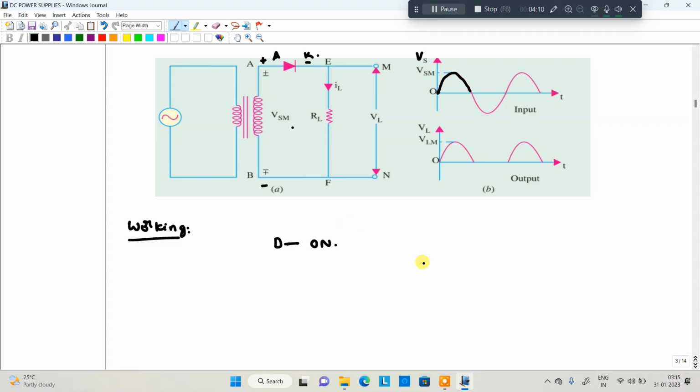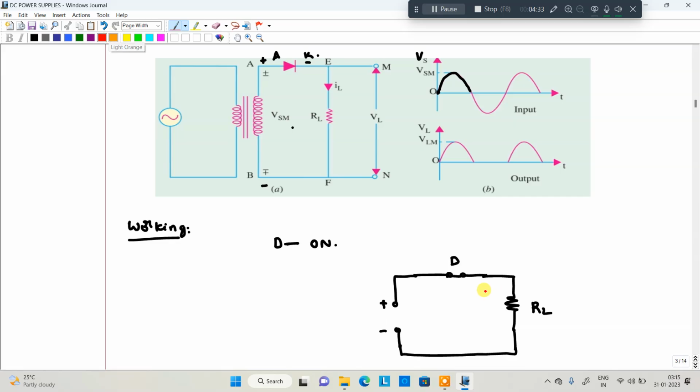The equivalent circuit is this: the diode in the on state, the load resistor RL, and the supply with its positive and negative cycles.